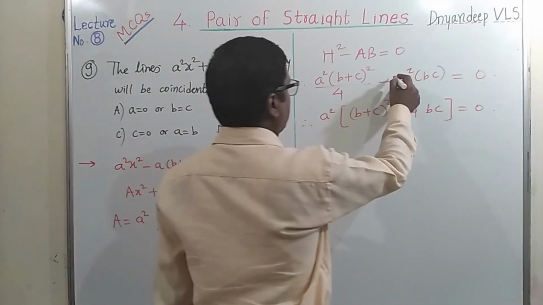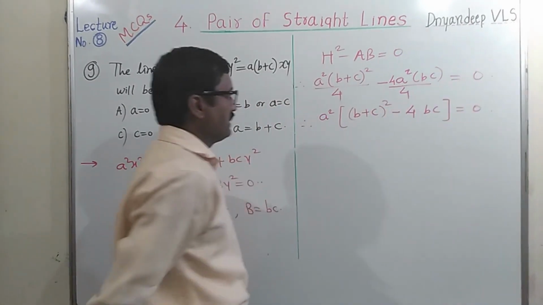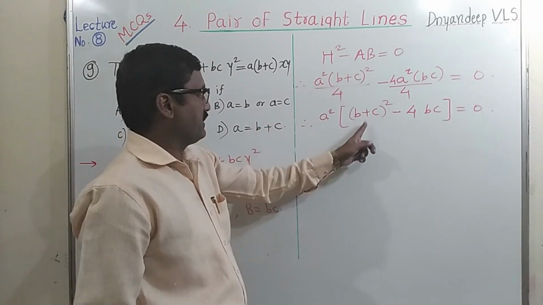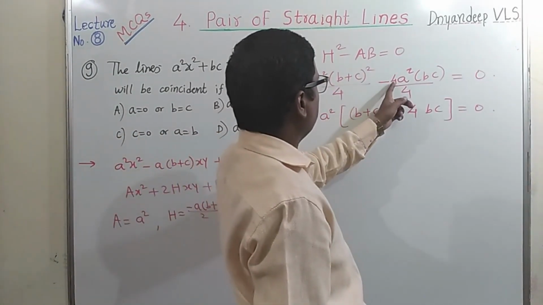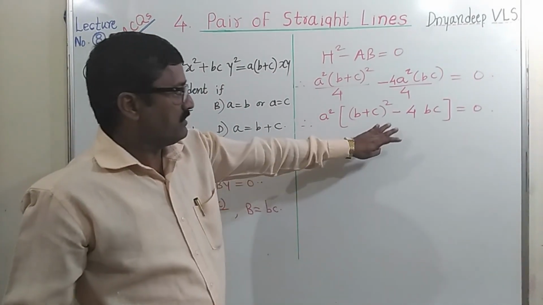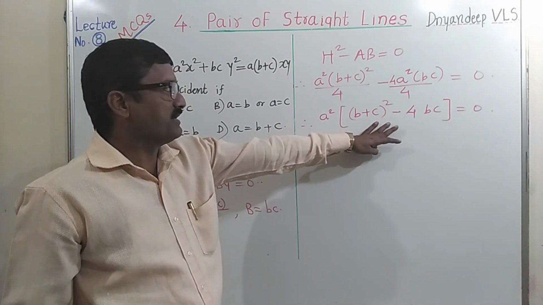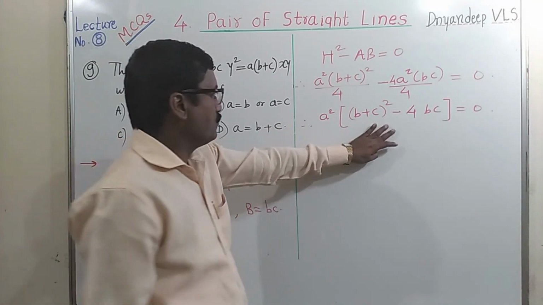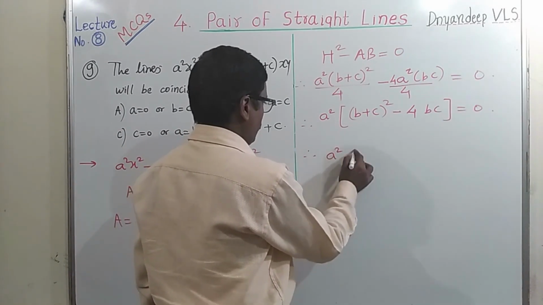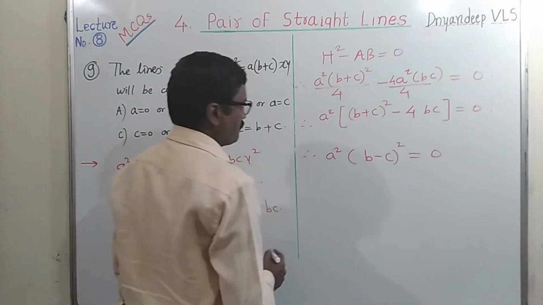Multiplying this by 4 and dividing by 4 and taking this 4 to the right, we get a square into ((b plus c) whole square minus 4 times bc). Here we have used the identity (m1 minus m2) whole square equals (m1 plus m2) whole square minus 4 times m1 m2. So this is the square of the difference. So it is a square into (b minus c) whole square equal to 0.